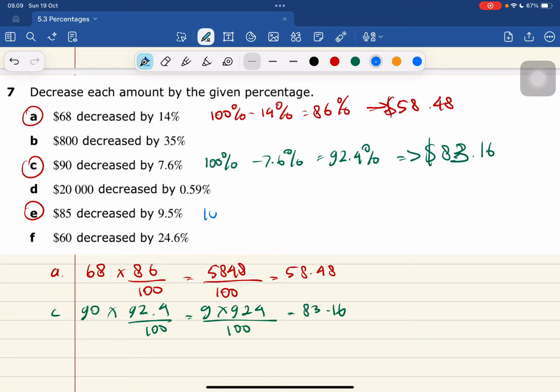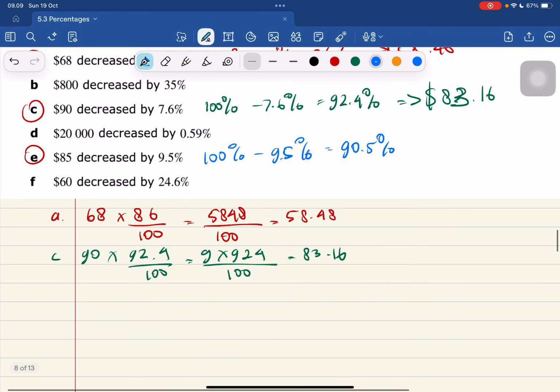Now here, so make it 100% minus 9.5%. So 100 minus 9.5%, which will give us the answer of 90.5%. So for E is 80 times 90.5 over 100.